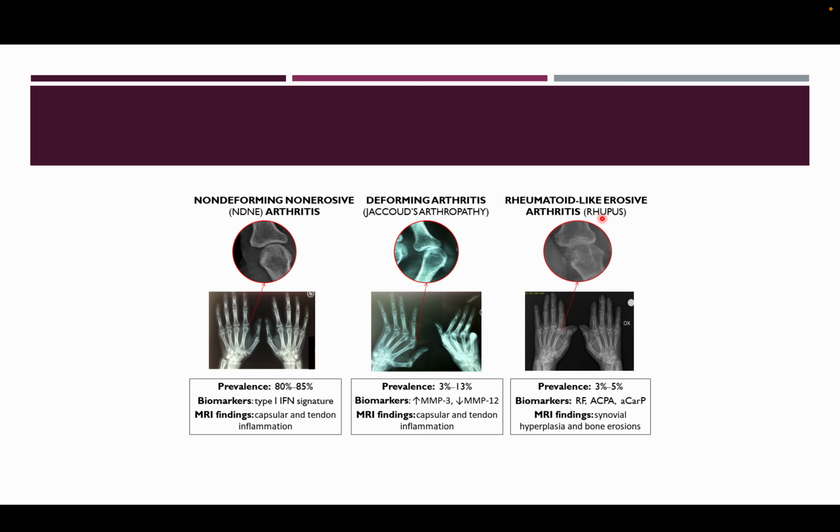If it is associated with rheumatoid arthritis, that is called rhupus, where rheumatoid arthritis and SLE are both there, then it can cause erosions. So there are two different kinds of arthritis: erosive arthritis and non-erosive arthritis. Erosive arthritis is where you find erosions in the bone: rheumatoid arthritis, psoriatic arthritis, juvenile idiopathic arthritis, chronic gout, and peripheral spondyloarthritis like psoriatic arthritis, and also lupus and mixed connective tissue disease.